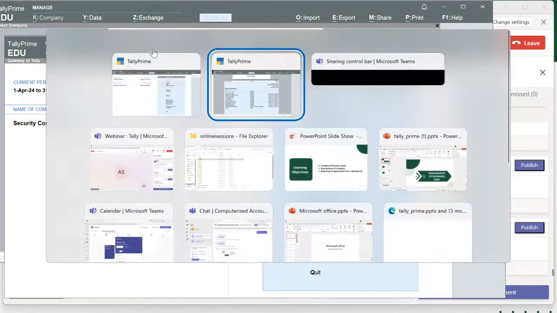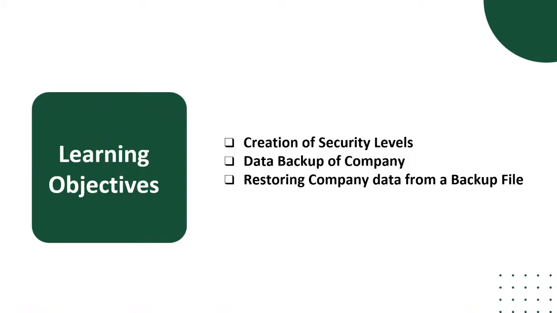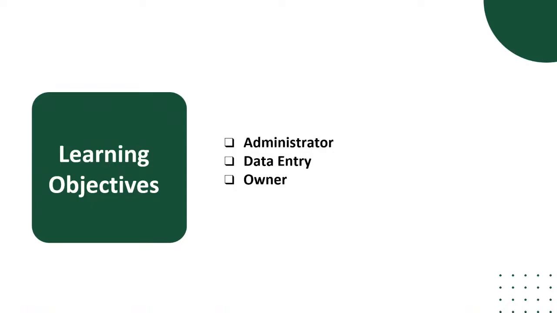First, you should understand there are three types of users, three types of profiles in Tally. One is administrator, second is data entry operator, and third is owner. What is the difference between these three?